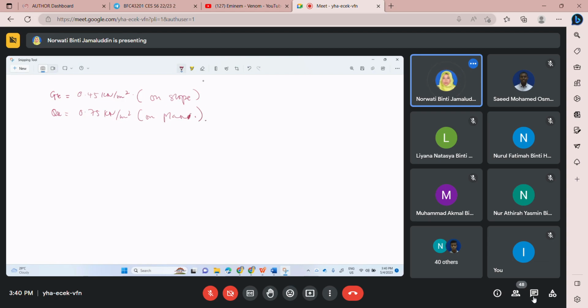Okay, then you have a truss which spans 12 meter, and the rise is 2 meter. So you have 12 meter here and 2 meter here.